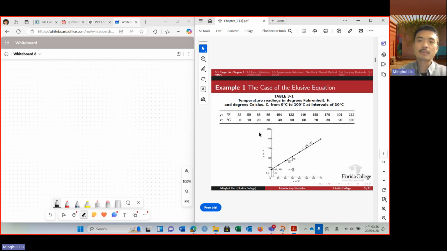There is a question some of you might have: for finding the slope, what if we choose a different pair of points? For example, you can choose x equals 10, y equals 50, or x equals 90, y equals 194. Well, the fact is, it is a property of the straight line that it doesn't matter which pair of points you choose, you will always get exactly the same slope.